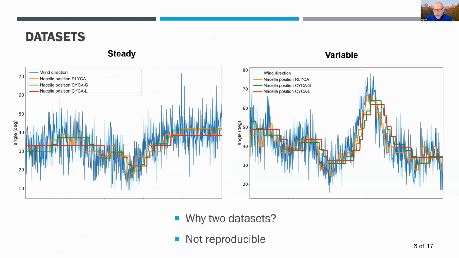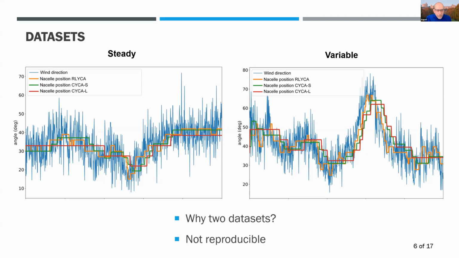So this paper split the data into two different data sets, which they trained and tested separately. One was a steady wind condition, one of a more variable wind condition. The blue line you see there is the actual real data of the wind direction associated with a turbine.